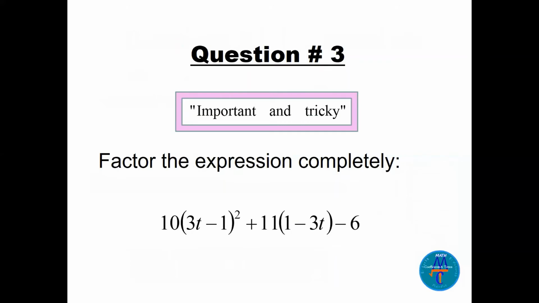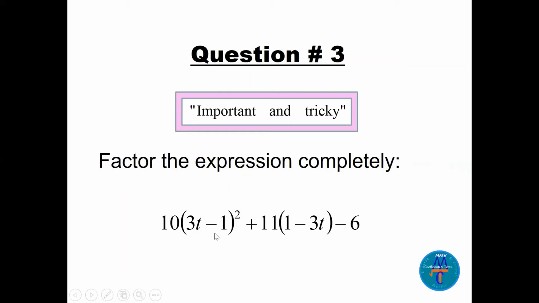Now, very important and tricky question, one part only, and it has many ideas here. Factor the expression completely. 10 times (3t minus 1) squared, leave it now, do not expand, plus 11 times (1 minus 3t) minus 6. We need to factor this expression completely.